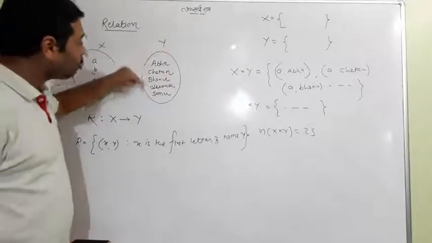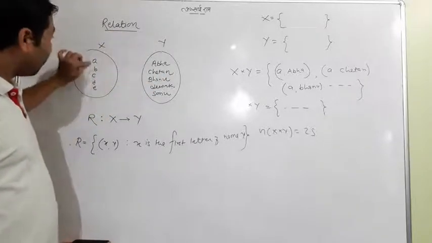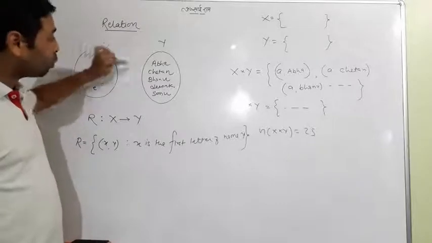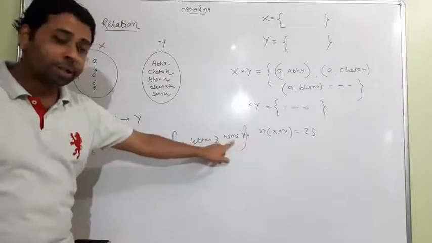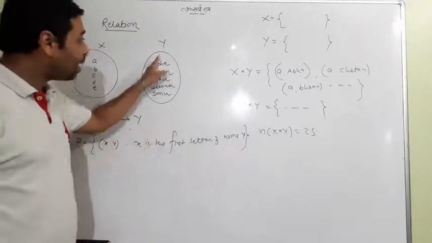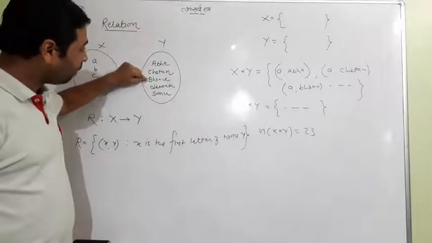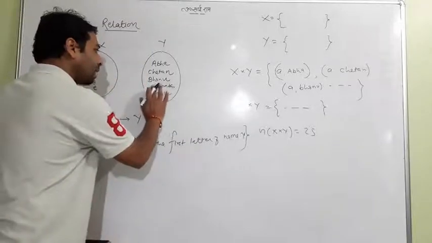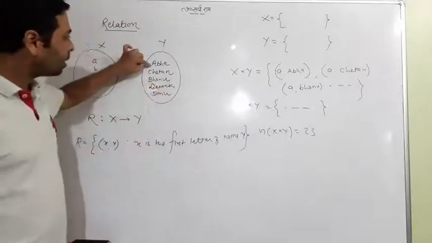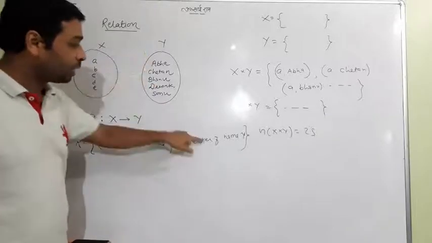You just have to check that A will not match with C, because it is starting with C. The first letters of the names are A, C, B, D, and S. These are the first letters.